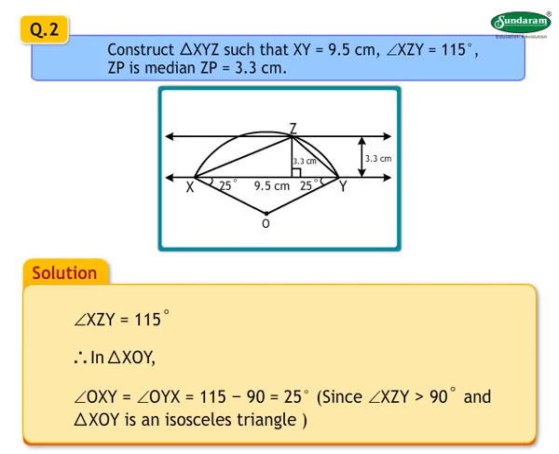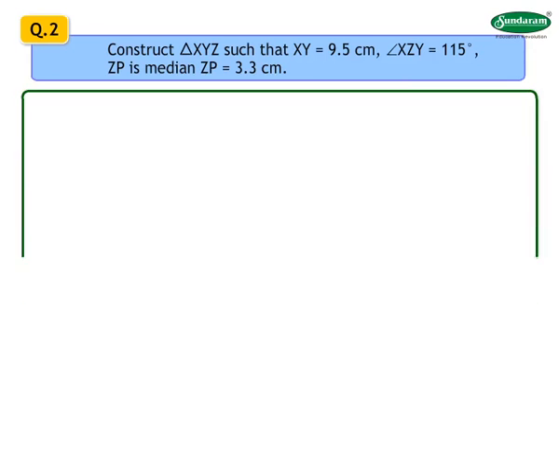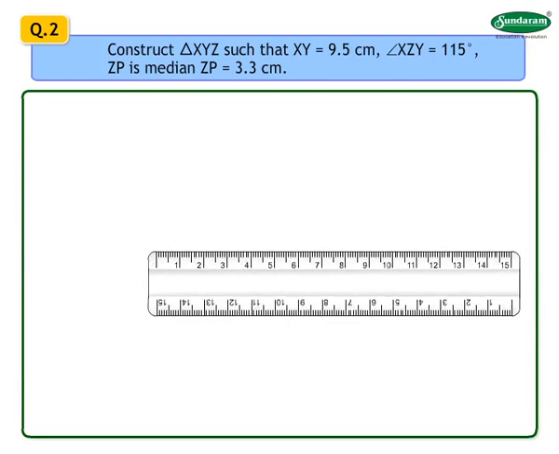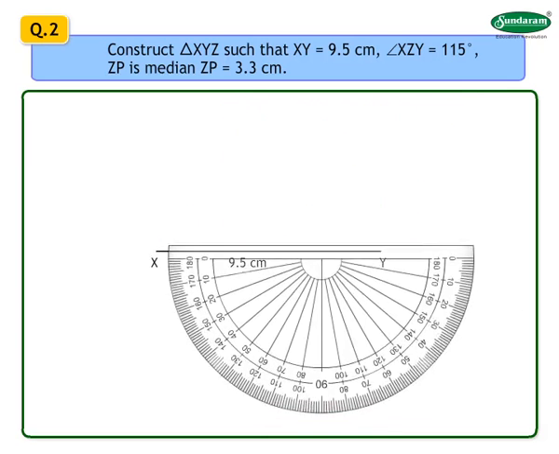We know how to construct angle XZY is equal to 115 degrees subtended by chord XY. To fix up the point Z on the arc XZY, the length of median is given 3.3 centimeters. Now let's look at the construction. Draw segment XY is equal to 9.5 centimeters.